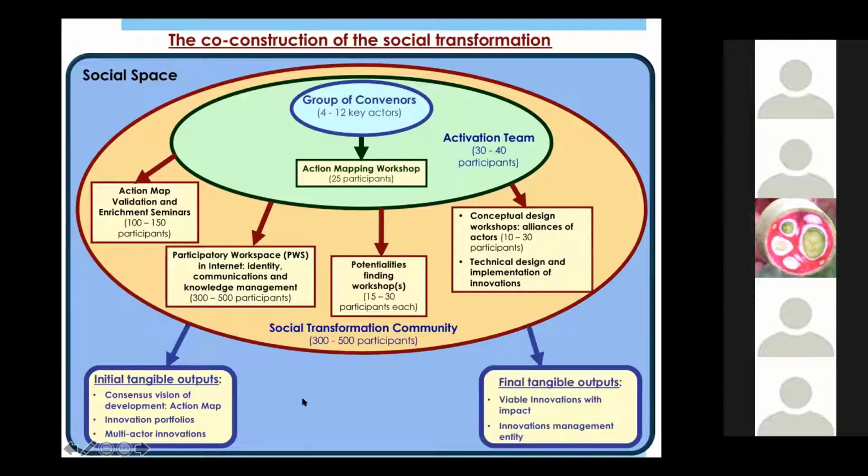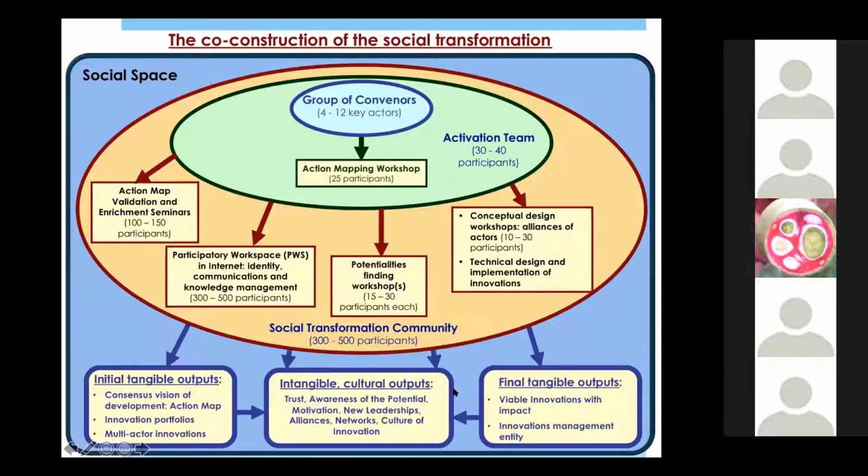We get tangible outputs like those in the traffic case, viable innovations with impact, a management entity. And we get intangible cultural outputs. And this is central, of course: trust, awareness of the potential, motivation, new leaderships, alliances, networks, culture of innovation, a beginning of that at least.